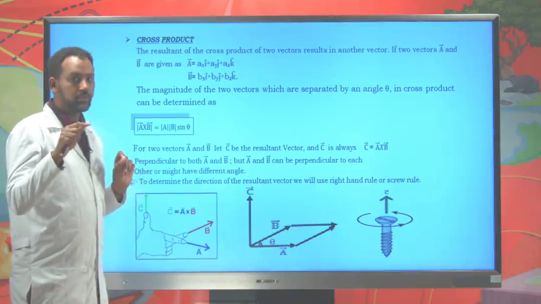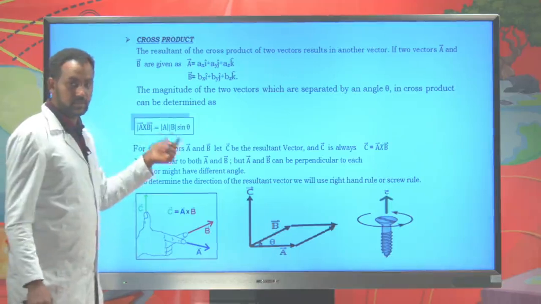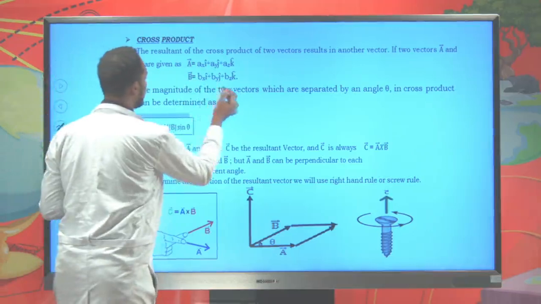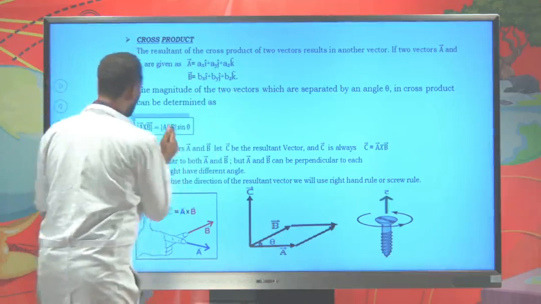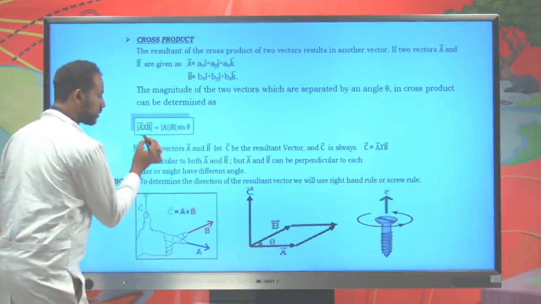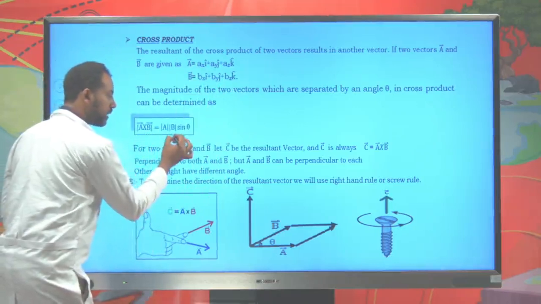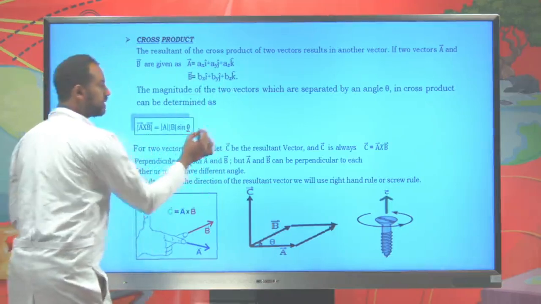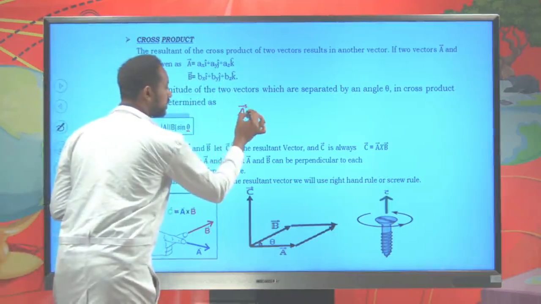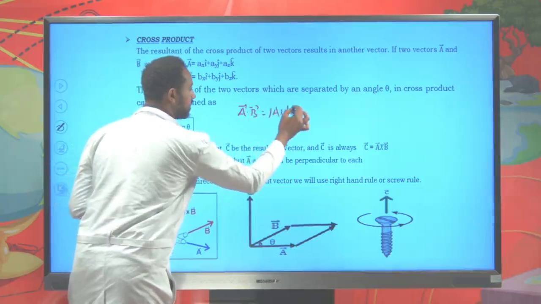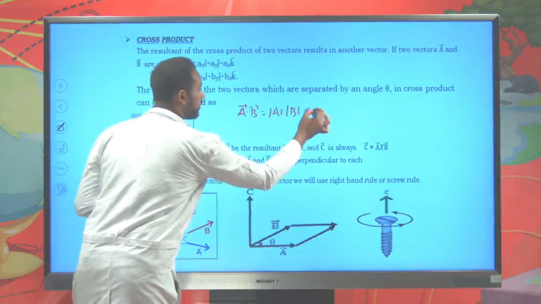The dot product of two vectors gives us a scalar. Take two vectors A and B. The magnitude of the cross product of the two vectors is given to be the magnitude of A, magnitude of B, sine theta. Previously, for the dot product, A dot B gives us the magnitude of A, the magnitude of B, cosine of theta.